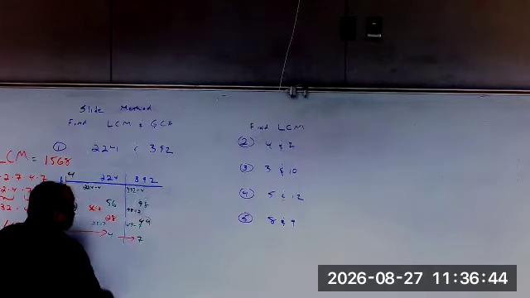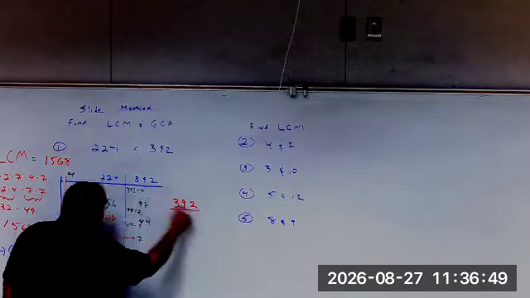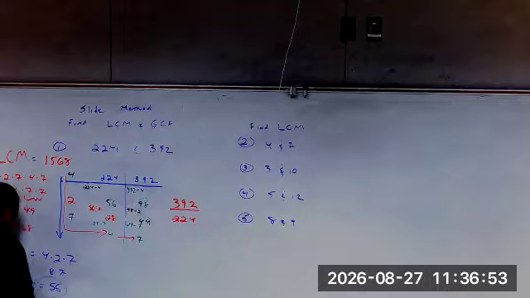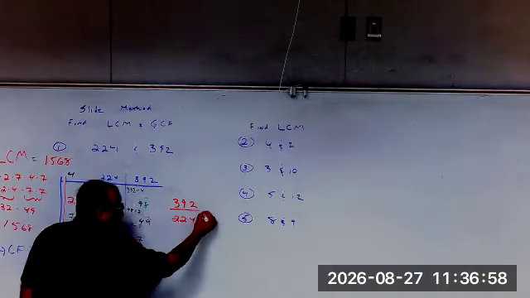So if you had a fraction, let's say you had 392 over 224, the greatest common factor is 56.